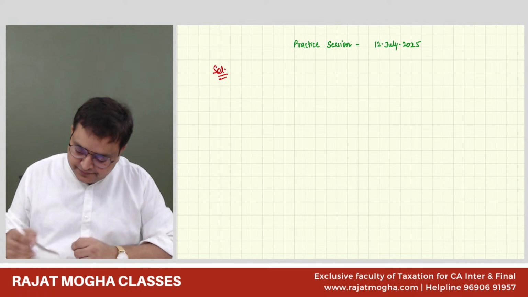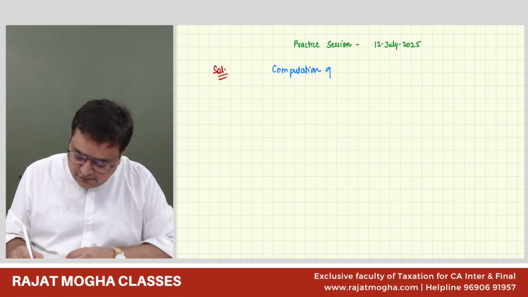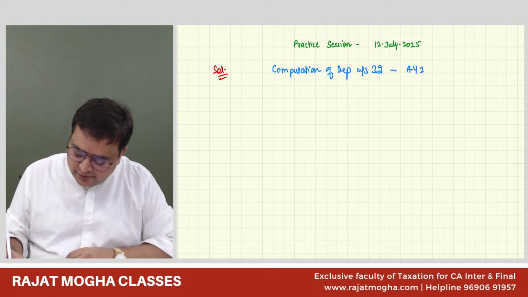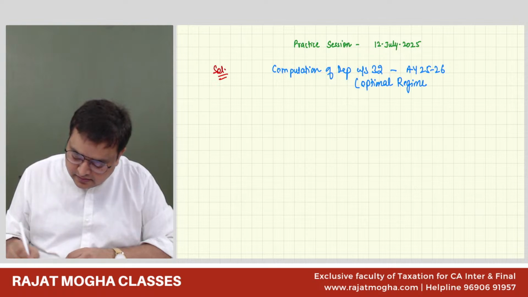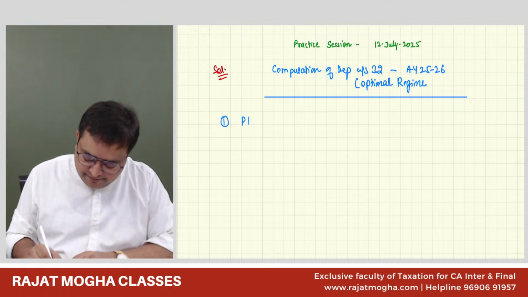Computation of depreciation under section 32, and this is for assessment year 25-26, and he's following the optional regime. First we will compute on plant and machinery 15% block.